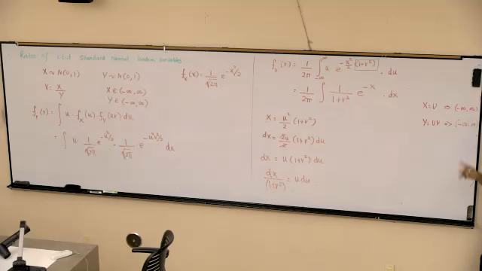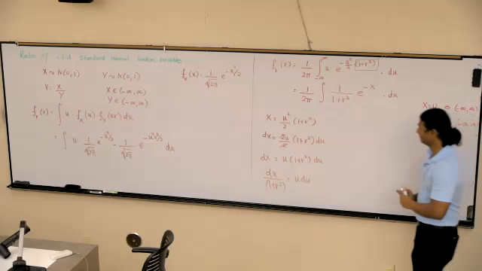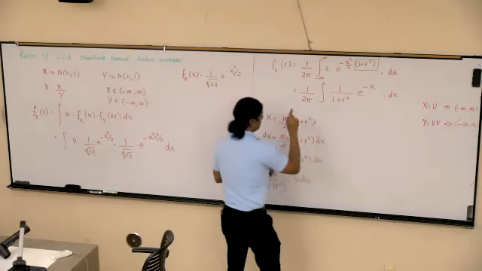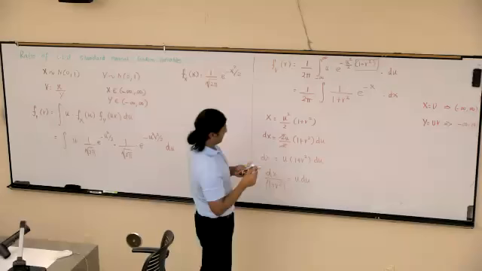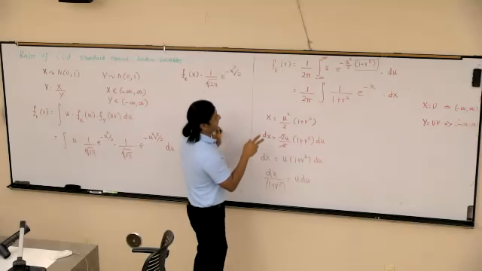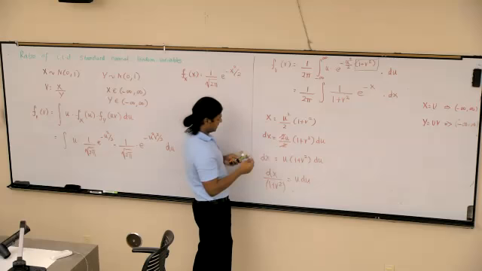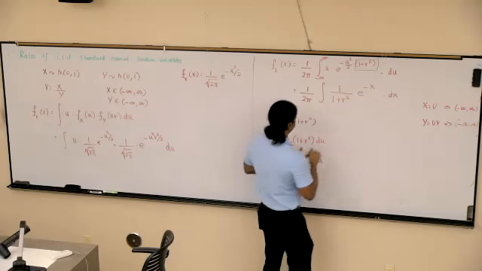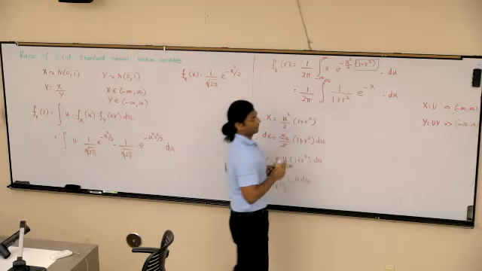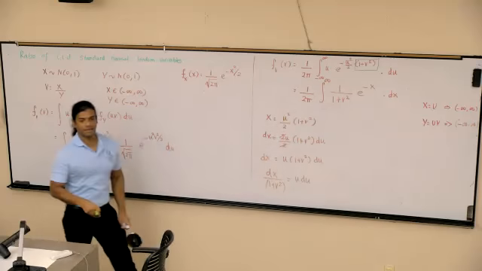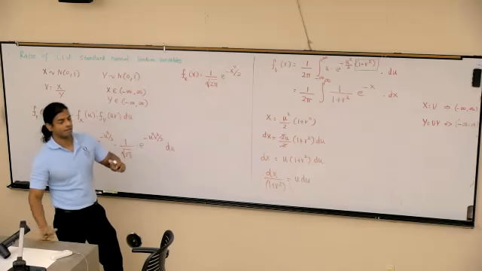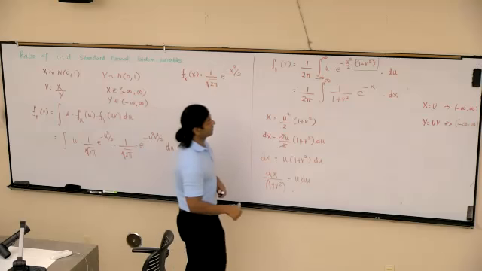There is a 0, so 0 is a possibility. So the upper limit would be infinity because no matter what you plug in, this will always be positive. 0 is a possibility in our interval, so I'm going to throw in 0 also.